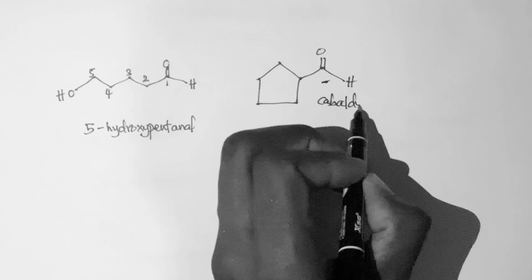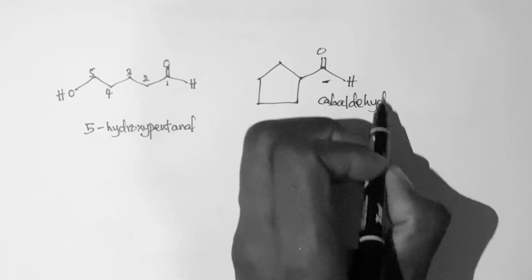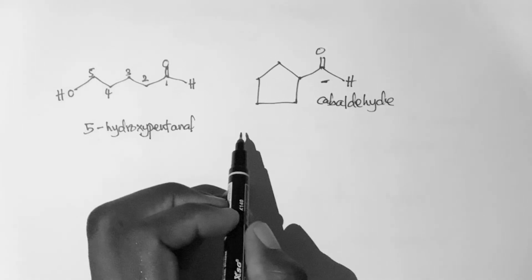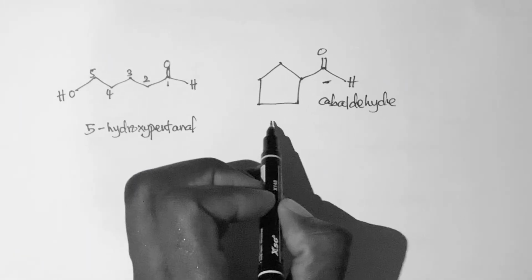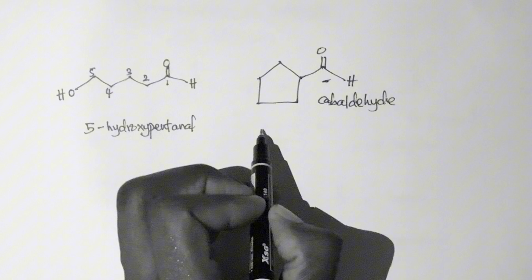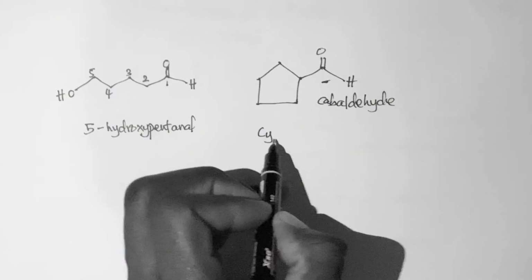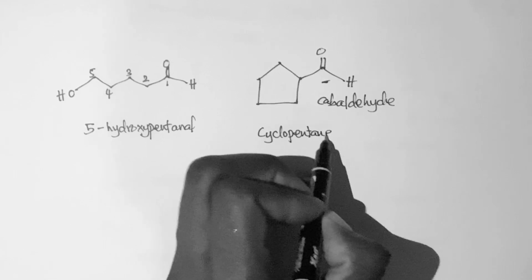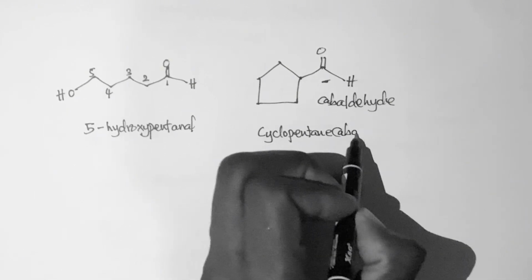So in this case, the name is supposed to end with carbaldehyde. But this 5-member cyclic ring is cyclopentane. So this is cyclopentane, then carbaldehyde.